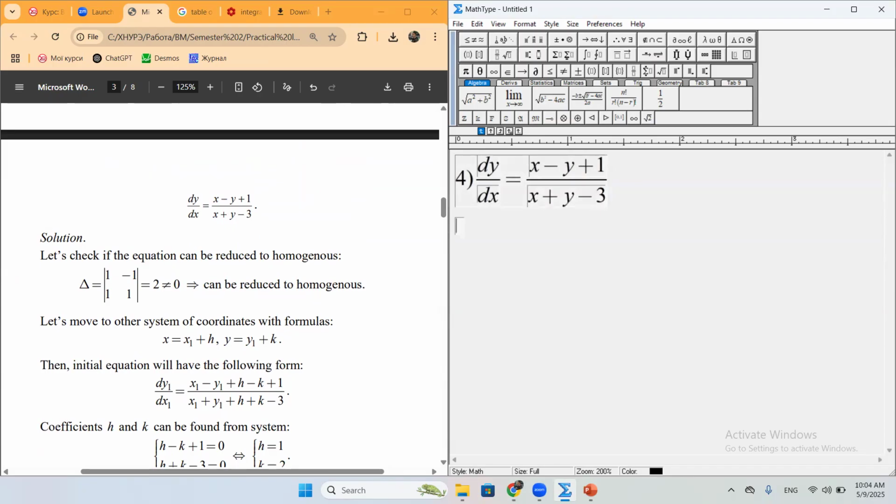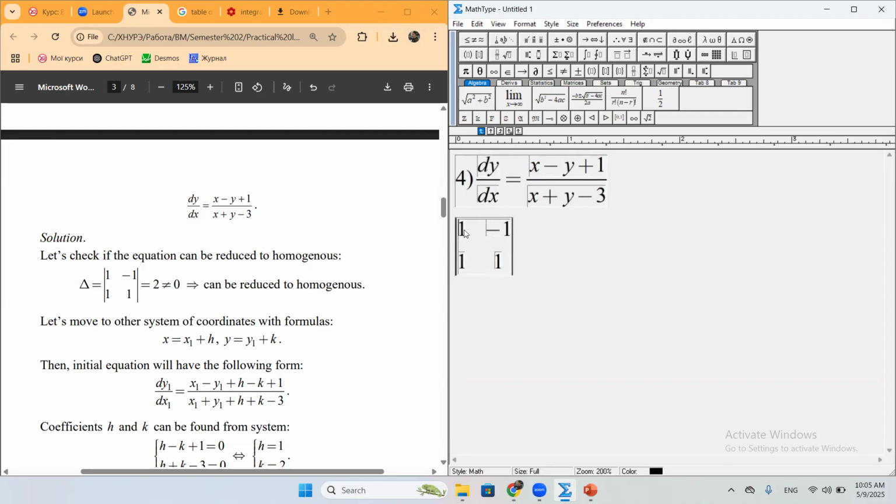So first of all, we need to check if actually this equation can be reduced to homogeneous. How to check it? We need to calculate the following determinant with the coefficients for x and y. So the first row 1 and -1, and the second row 1, 1.